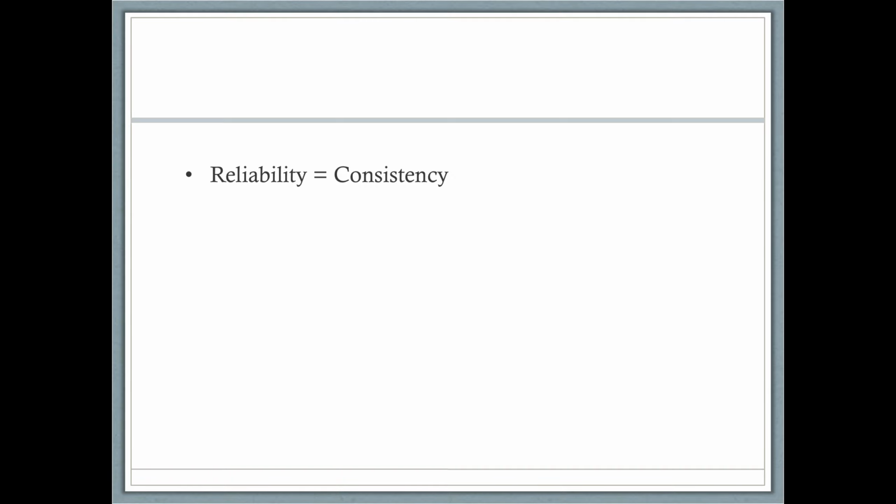So if I have a depression inventory, it is reliable if it consistently identifies people that truly have depression, and consistently and truly identifies people that do not have depression.